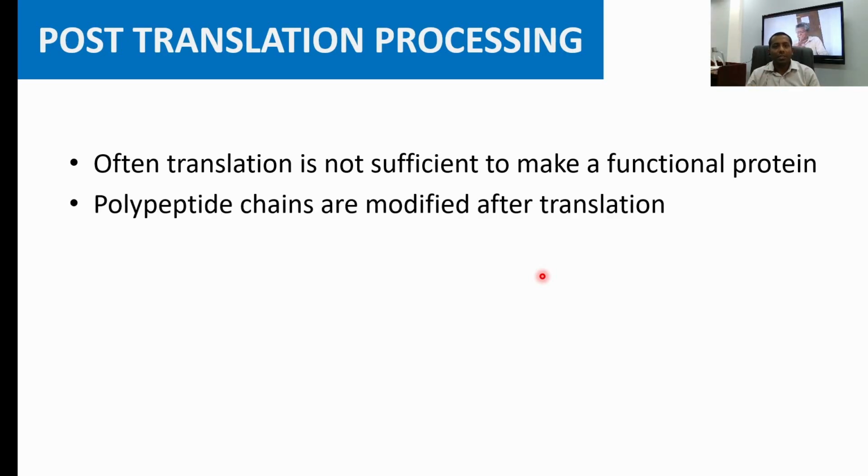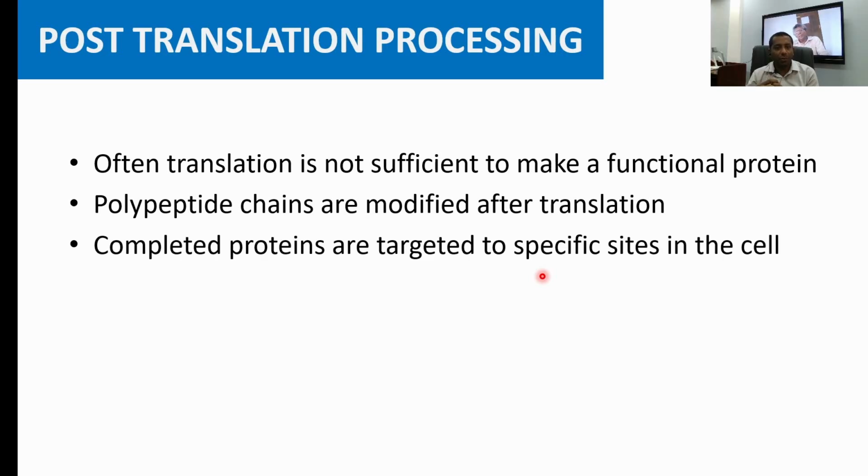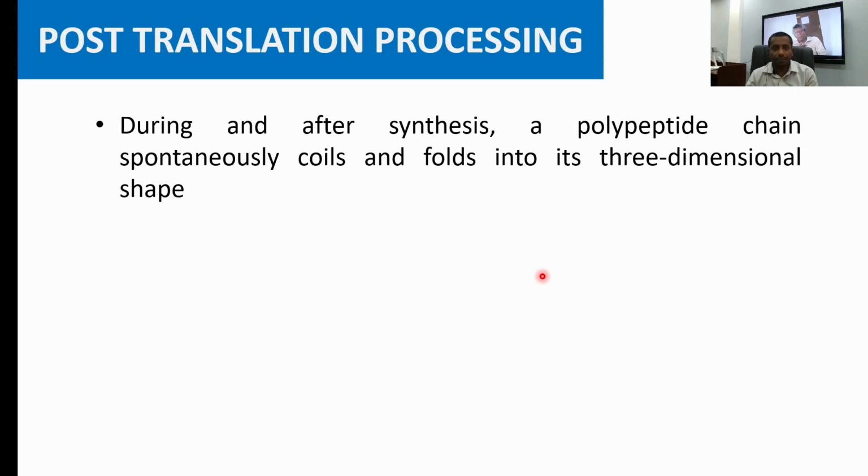Usually, once the polypeptide chain is made, it undergoes modification to form functional proteins. These proteins can then target specific sites in the cell and perform various functions.